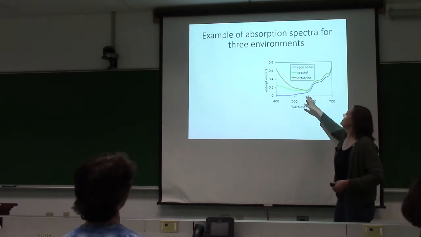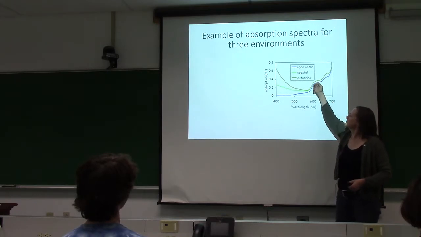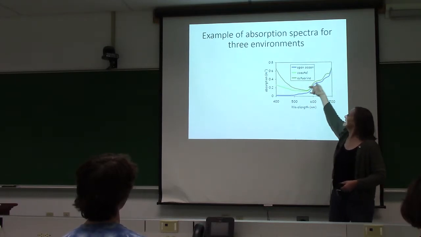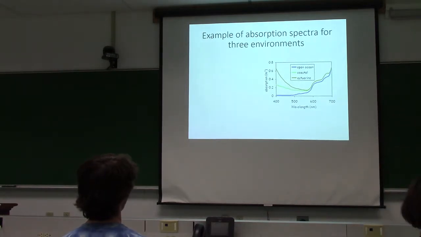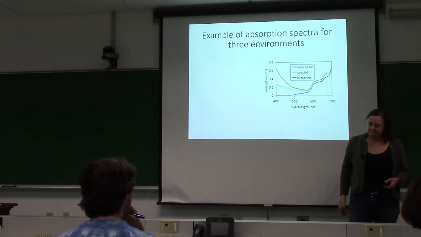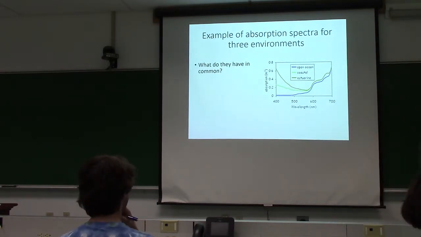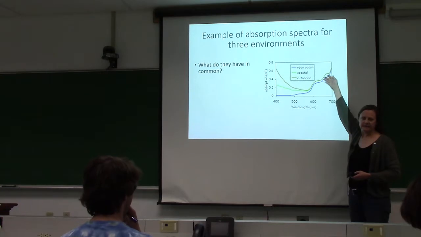If you go out and you measure absorption in the open ocean or a coastal environment or an estuarine environment, you can get these three different characteristic absorption spectra. And again, we're looking at the absorption coefficient from blue to red. So my question is, what do they all have in common? Yeah, they're pretty similar over here, right?